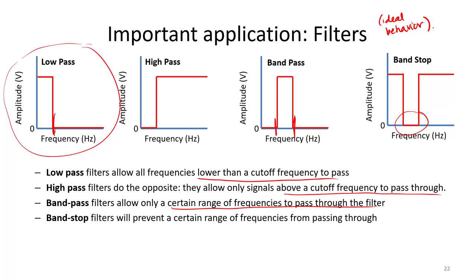But in real life, we see that very often we get something that is sort of a smoothed out version, a more gentle transition. So in real life, we can't get perfect ideal behavior, but we can certainly try to come as close as we can given the needs of our application.